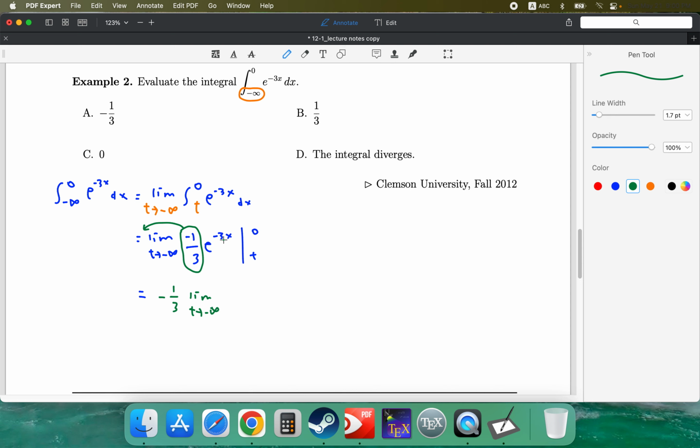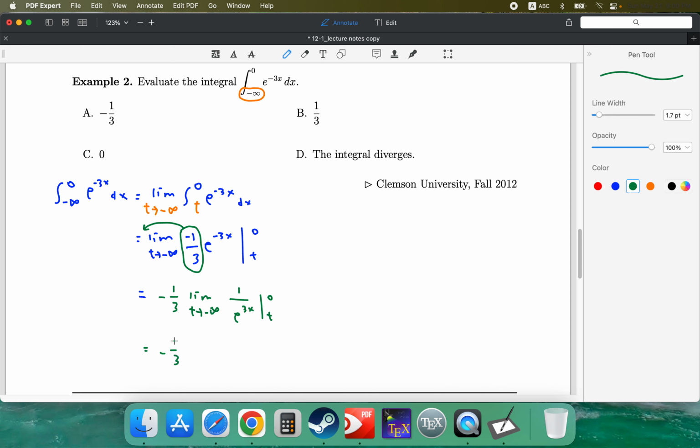Okay, e to the negative 3x, and right here you can write it as 1 over e to the 3x, because that negative exponent means it's the reciprocal of e to the 3x. Okay, sorry, from t to 0. I forgot t to 0.